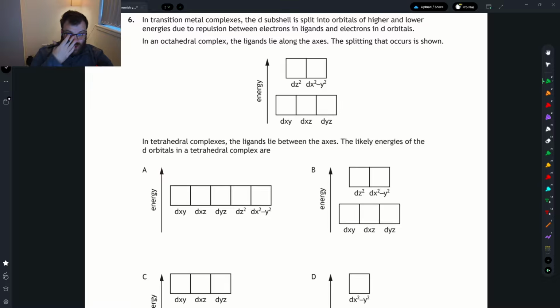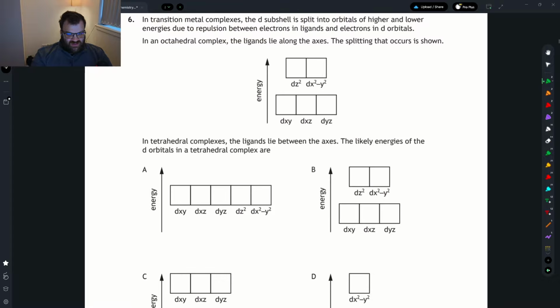We have our orbitals that have been split, 2 higher energy and 3 lower energy. This seems like it's going to be a bit of a tricky question. What we've been told is that in an octahedral complex, the ligands lie along the axes, and this is the splitting that happens. So if we're lying along the axes, we've got 3 lower energy and 2 higher energy.